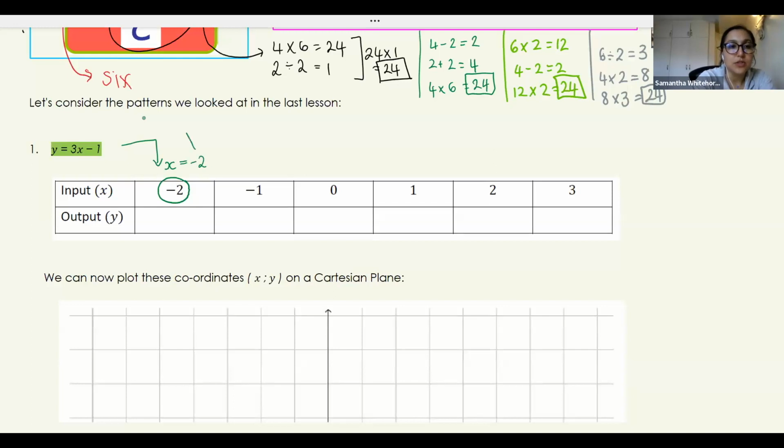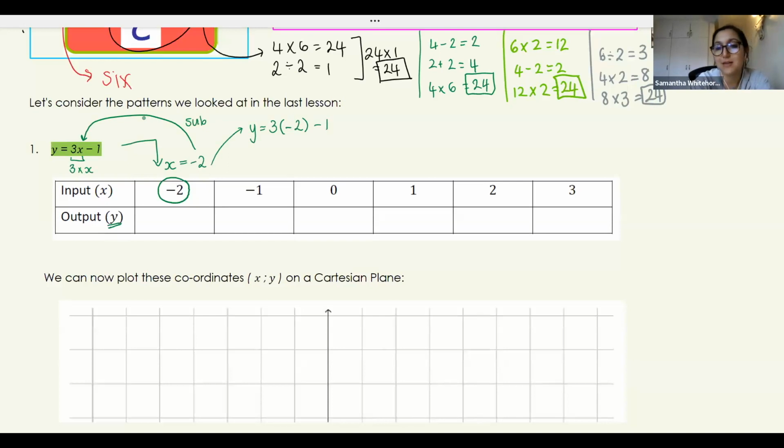What we are able to do is substitute that x is equal to -2 into our equation to solve for our output, to solve for our y. So y is equal to 3 times -2 minus 1. Remember grade 8? Between your coefficient and your variable, it is a multiplication operation.